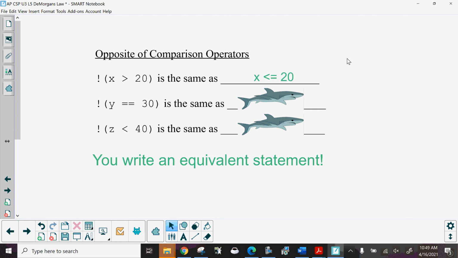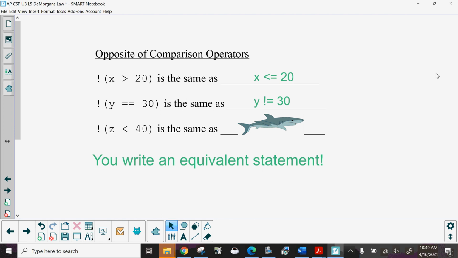If you're not greater than 20, then you must be less than or equal to 20. If not y equals 30, then y doesn't equal 30. Now, could you also have written y less than 30 or y greater than 30?